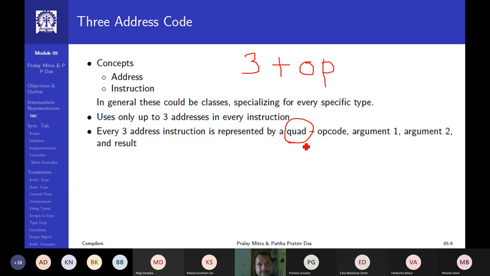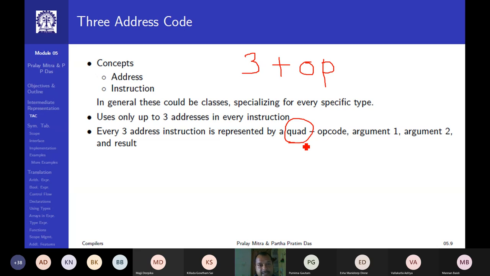It suggests you break all the expressions into small pieces such that in each piece there are at most one opcode and three addresses. And of course, if I combine all those pieces, then it should evaluate the same expression from which I have broken it into small pieces.